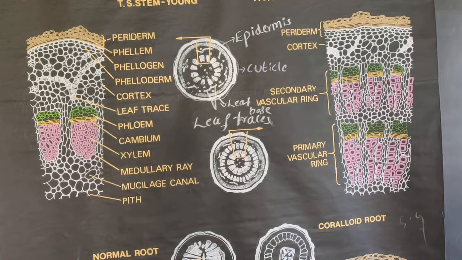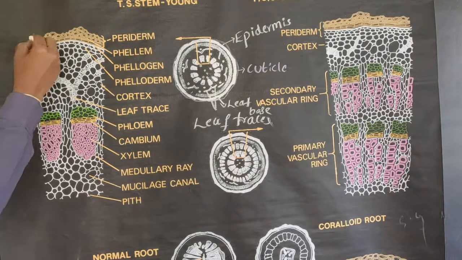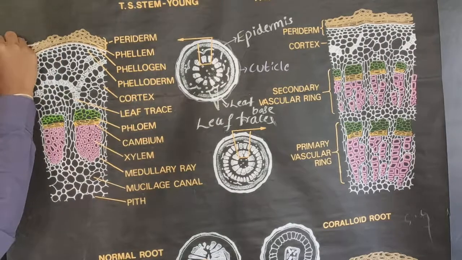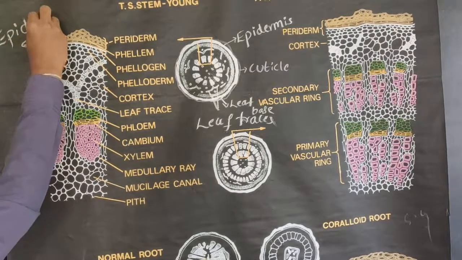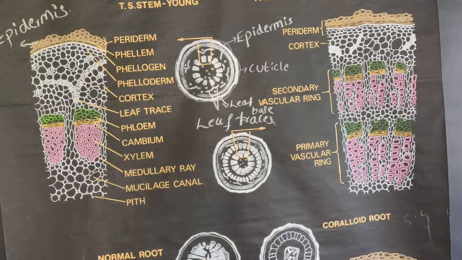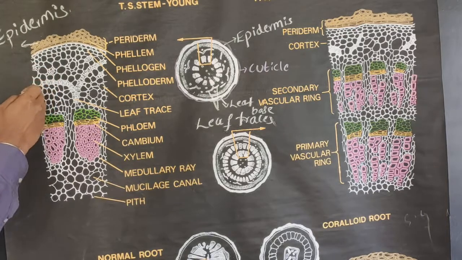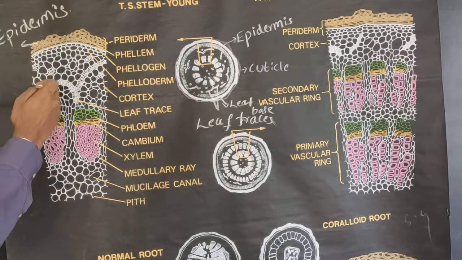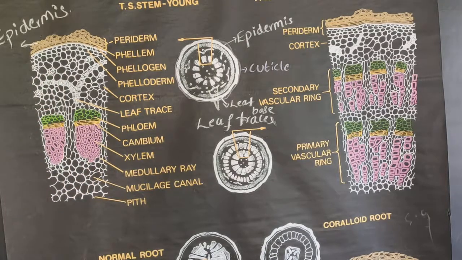If you look at the section of the Cycas stem, it is mainly differentiated into three parts. The outermost layer is known as the epidermis. The epidermis is followed by a large cortex, and the cortex is followed by the central vascular bundles.